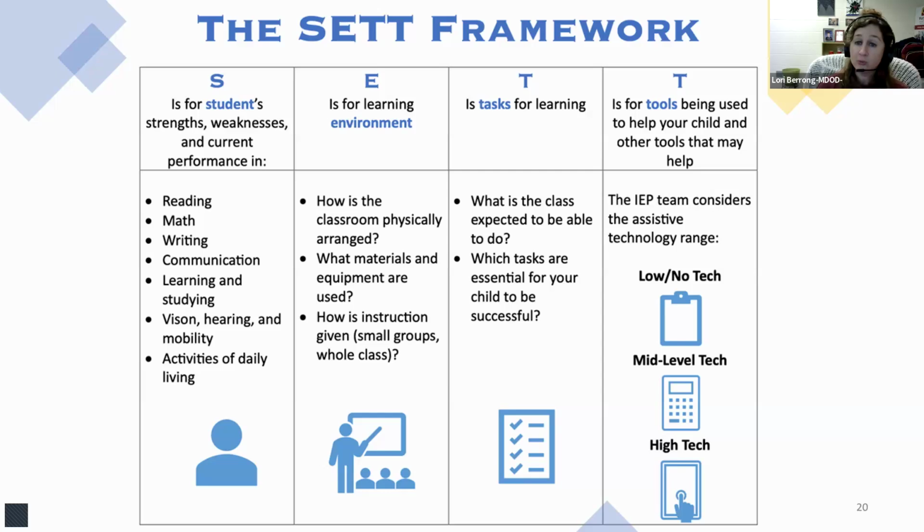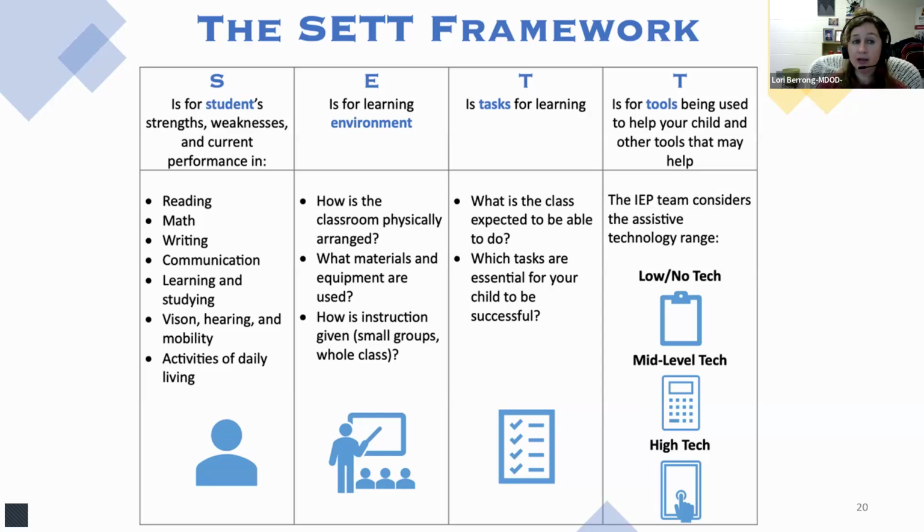And we want to start usually with low to no tech. That's like the really, really easy off-the-shelf items, and then work our way up from there. So low tech to mid tech to high tech. And we use this framework when we're meeting with our clients to explore different technology solutions.